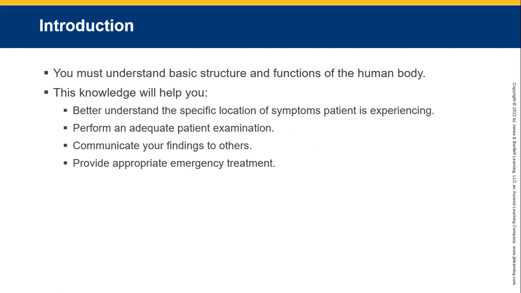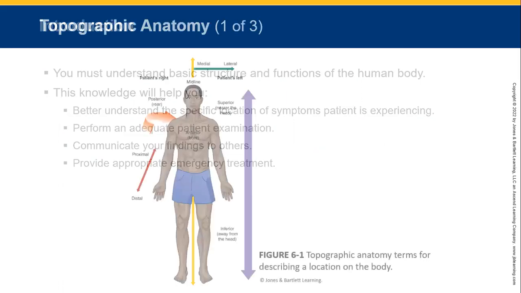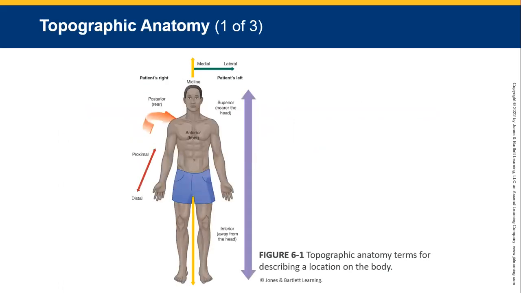That is why we continuously redo our surveys, so we can accurately understand what's going on. We need to be able to communicate our exact findings to others and provide them appropriate medical treatment in a timely manner.